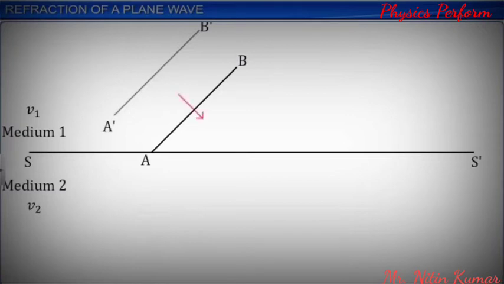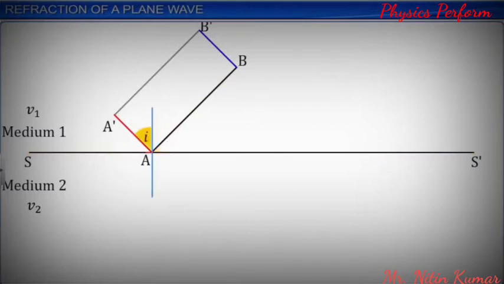A normal to the wavefront in the direction of its propagation gives the direction of the wave. Let A'A be the direction of the wavefront AB in medium 1. If I is the angle between the wavefront AB in medium 1 and the interface SS', then the angle of incidence is also equal to I.